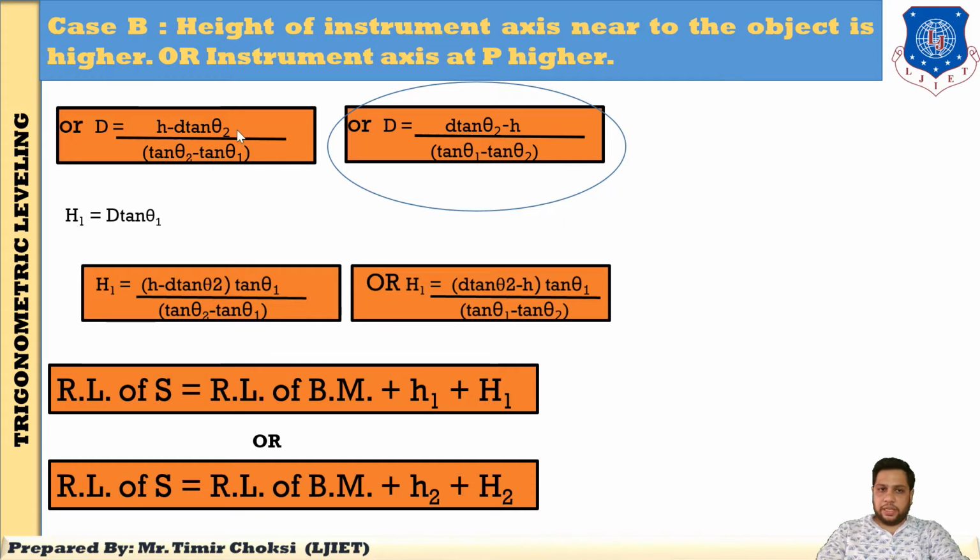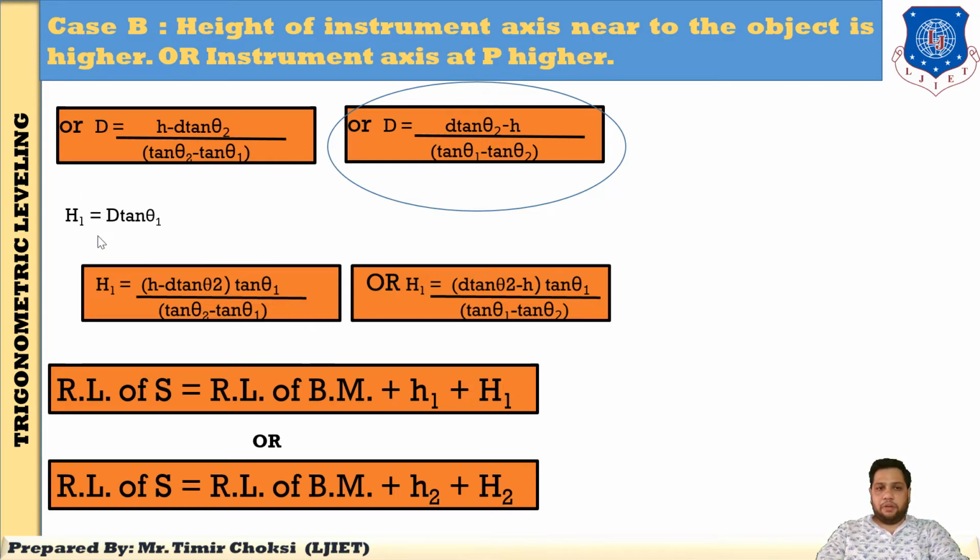You can use either equation. After getting the value of D, put it directly in the equation H1 equals D tan theta 1, or put the value in the other equation, and you get the same answer.